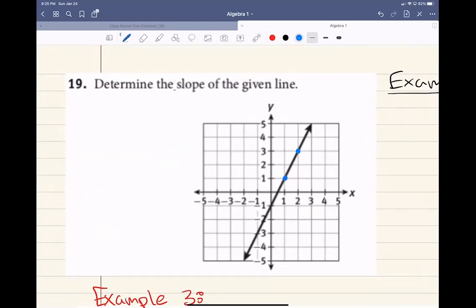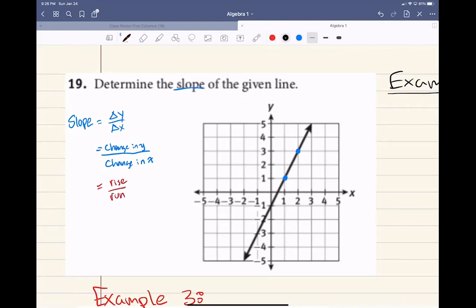So we want to find our slope. Remember, slope is the same thing as our delta y over delta x, which is just a fancy way of saying our change in y over our change in x. Okay, and if you've heard of this, it's the same thing as saying our rise over our run.